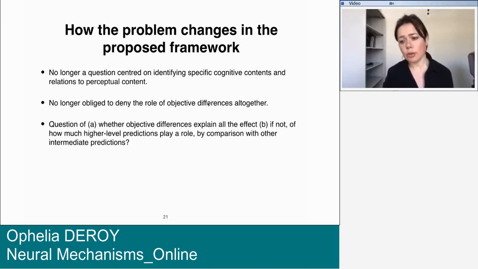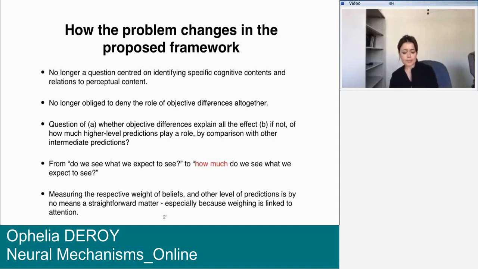In a way, what you can do is to switch what used to be a very categorical debate, of does thought or cognition influence perception, to a much more graded version of the problem, which is how much can we say that this effect is due actually to cognition versus first bottom-up initial differences in the sensory stimuli, or immediate predictions which are not cognitive ones.